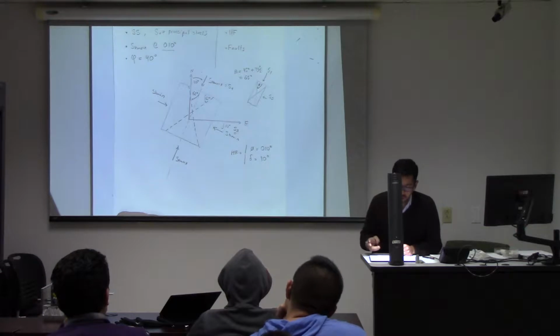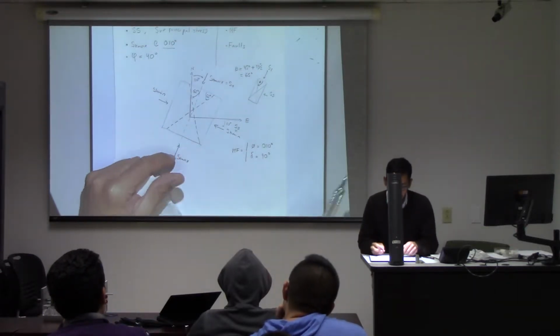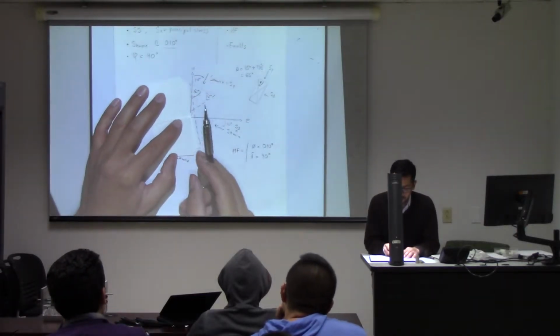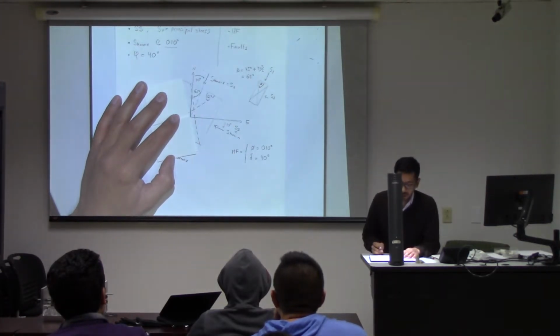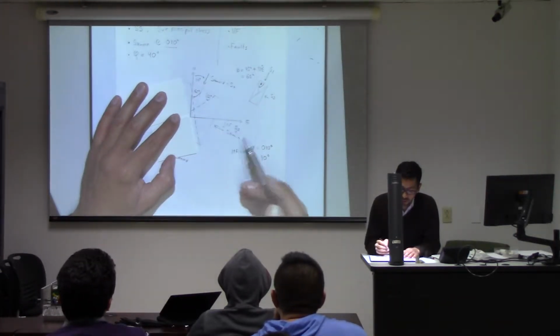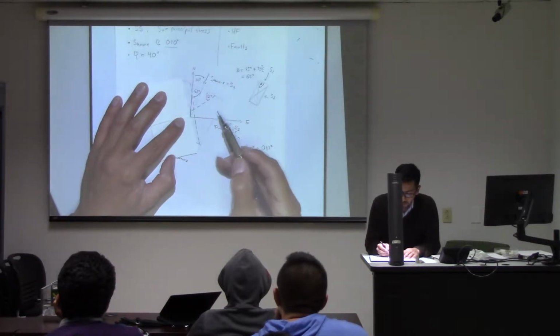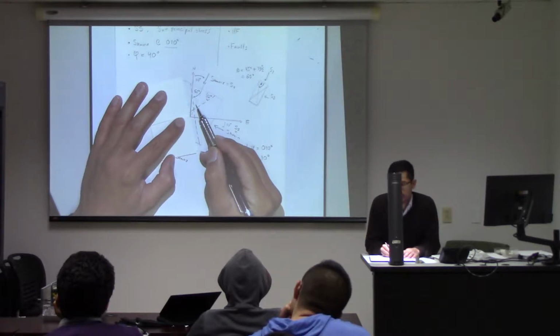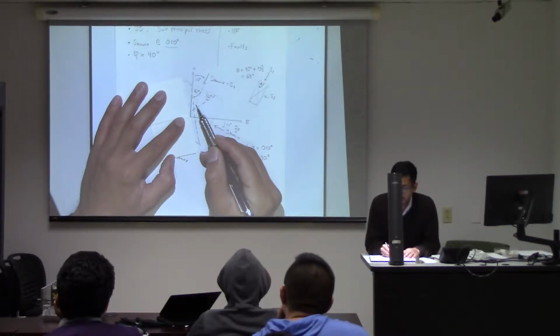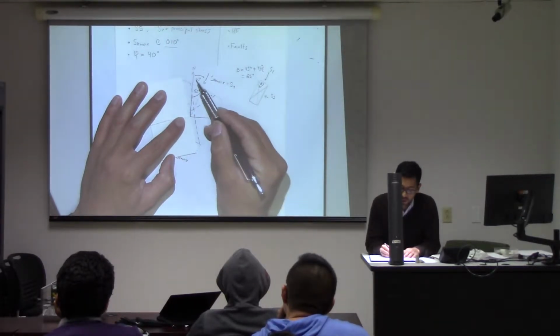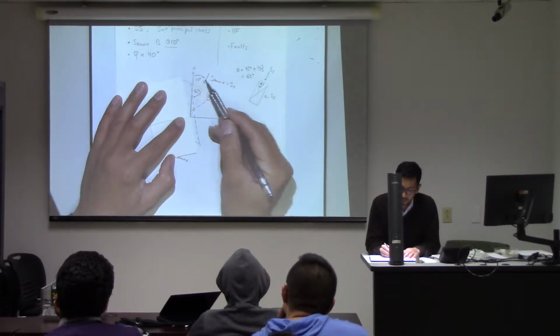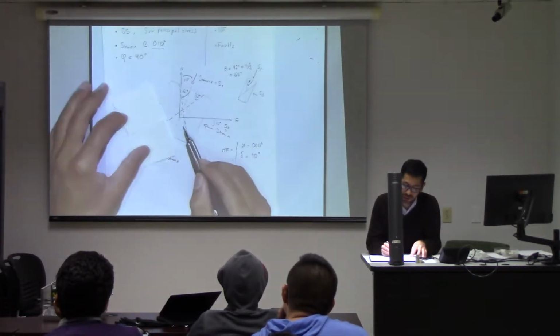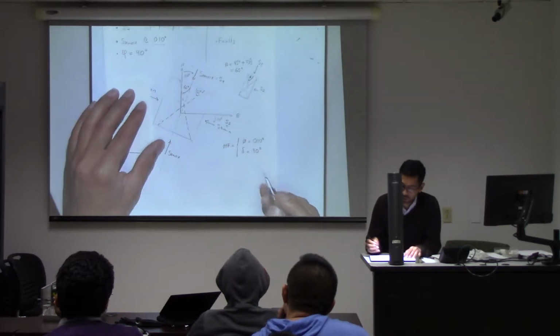But if that's 65 degrees, that means that a line here also is going to be 65 degrees. So this angle over here has to be 25 degrees, right? And if this is 25 degrees, that means that the strike is minus 10 is 15 degrees from the north towards the east.